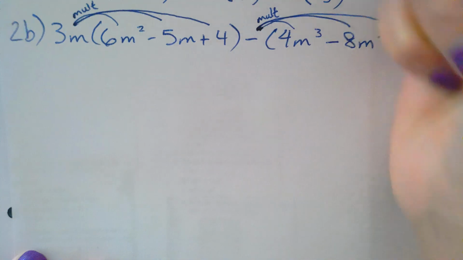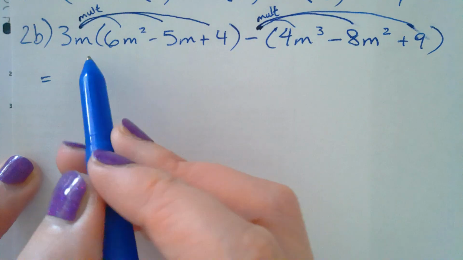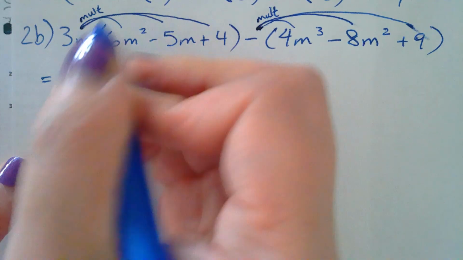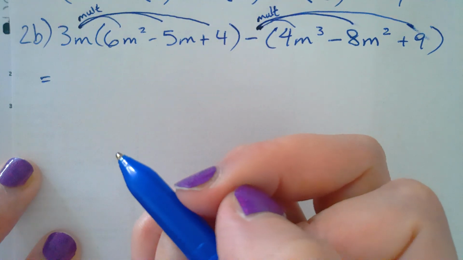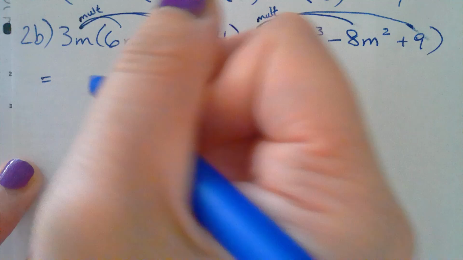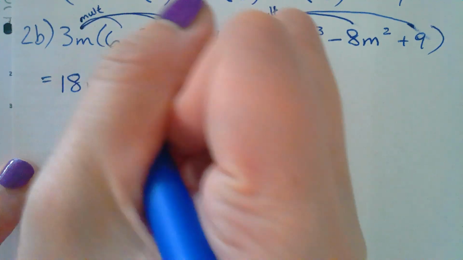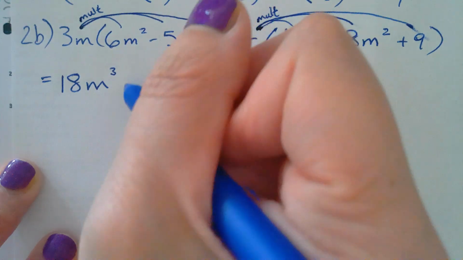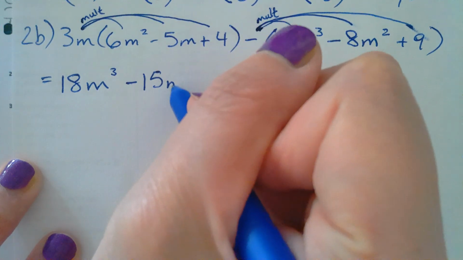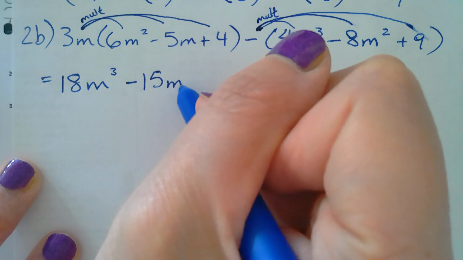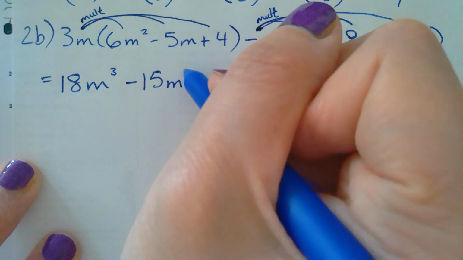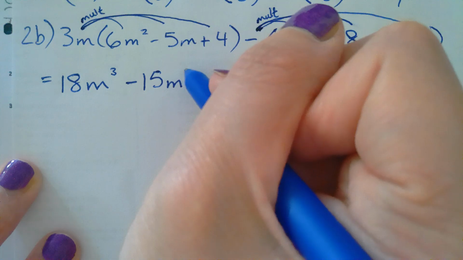Okay, Ion, you're gonna help me with this. 3m times 6m squared. And multiply. 18 what? m cubed, good. Okay, and then 3m times negative 5m. m times m is not cube, square, right.